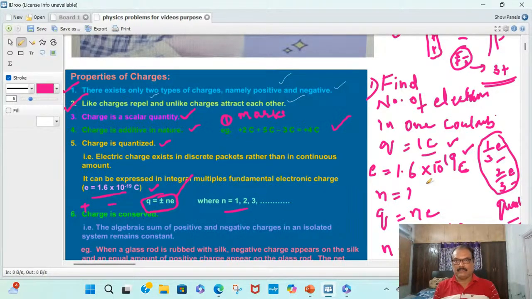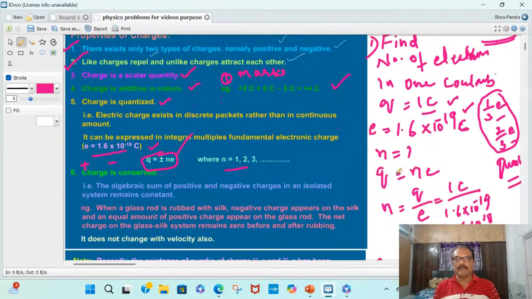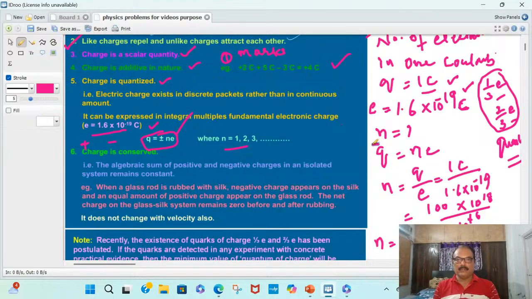If anyone asks, it is a very simple question, use this formula. This is the quantization of charge. According to quantization of charge, charge on a body is an integral multiple of the smallest charge. Integral multiple means number of protons. He is asking the number of protons.